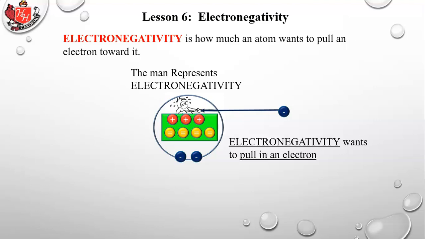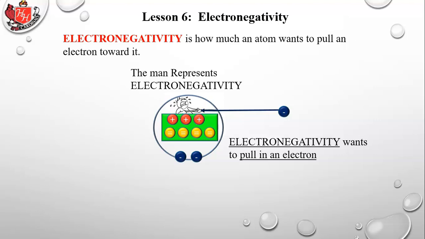Whereas ionization energy has to do with how much energy it takes to pull an electron away from an atom, or another way you could express that is how much do the protons in a nucleus hang on to the electrons in that atom. In other words, how much do they want to pull in on their own electrons.